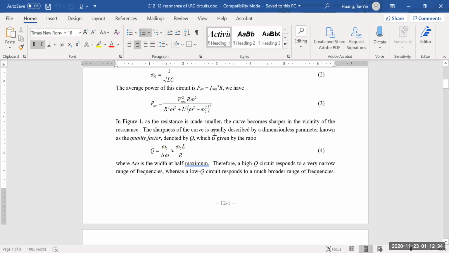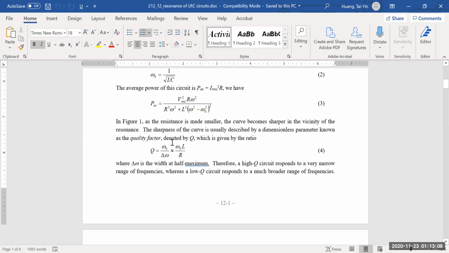this is how you calculate the average power. And when you're dealing with an electrical circuit, there's one quantity that is very important that indicates whether the circuit is a good circuit or not. When I say good circuit, applying to, for example, the radio, when you want to use a radio to receive information or signal, you want the quality factor Q to be as high as possible, because that indicates how good the circuit is, how noisy or not so noisy that circuit is.